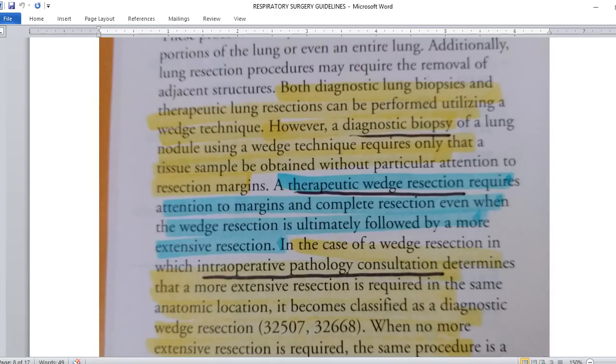But a therapeutic wedge resection requires attention to margins and complete resection even when the wedge resection is ultimately followed by a more extensive resection. Because when we're doing a therapeutic, we know what the problem is. We're doing a therapy.